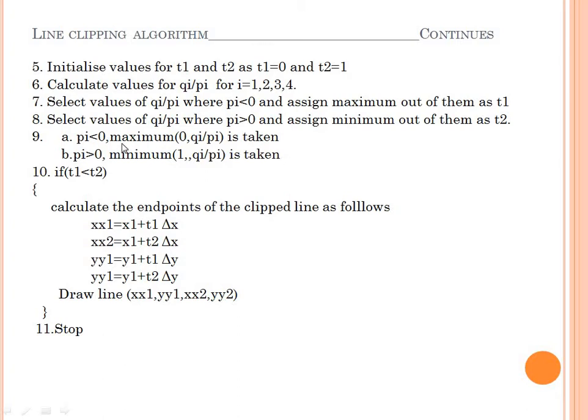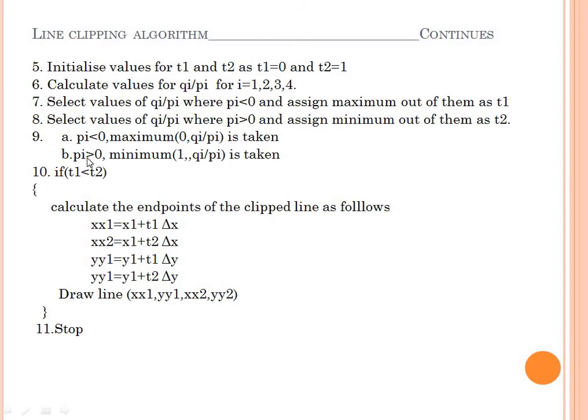So if p_i is less than 0, then we calculate the t1 value. If p_i is greater than 0, we calculate the t2 value. Okay, p_i less than 0: t1 is equal to the maximum of 0 and q_i upon p_i.